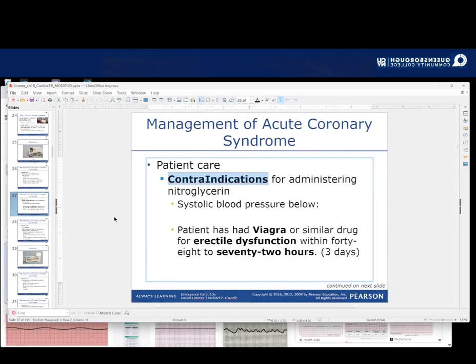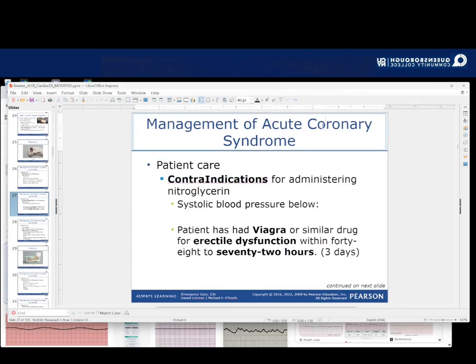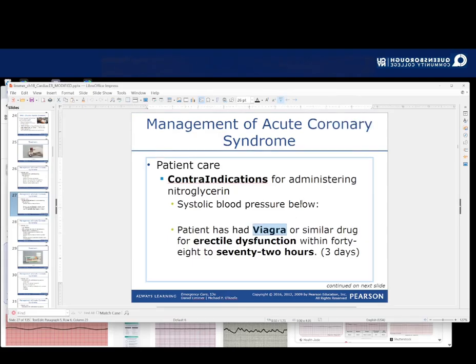A contraindication means even though there's a reason to give it, there is also a reason not to give it. So if the person is having a cardiac condition, that's a reason to give nitro. But if they answer a certain question the wrong way, that's a reason not to give it. How are drugs like this contraindicated?